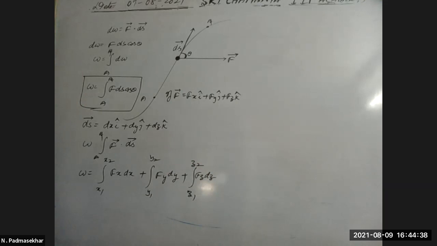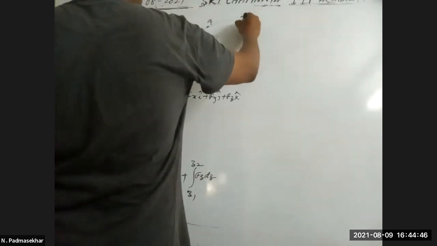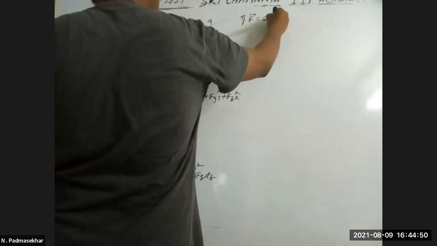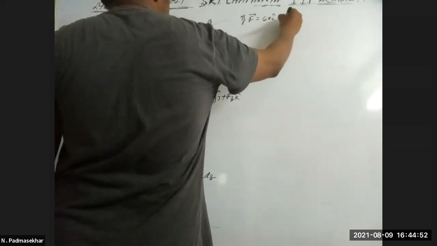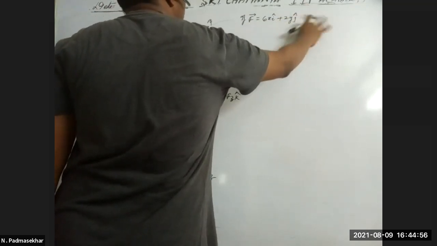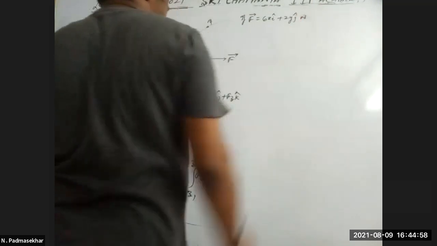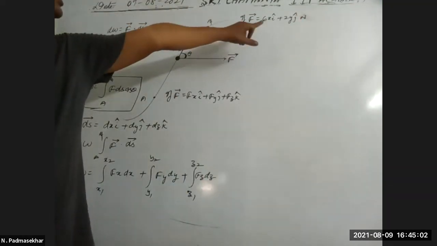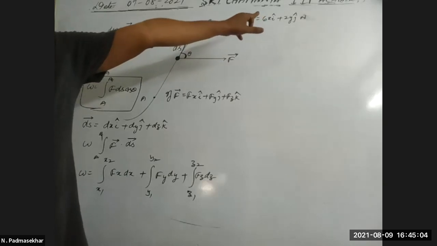Suppose f bar is equal to 6x i cap plus 2y j cap newtons. So it is a variable force; it changes with respect to x as well as y.